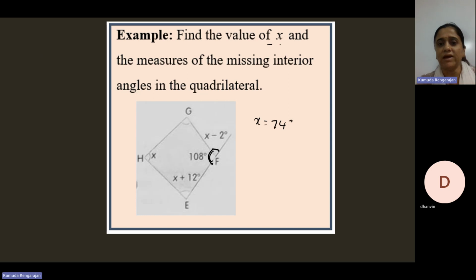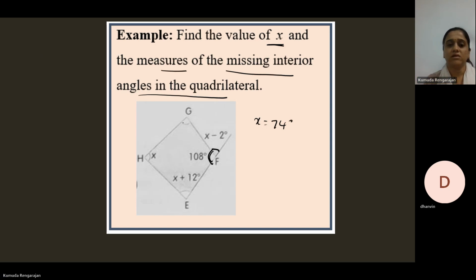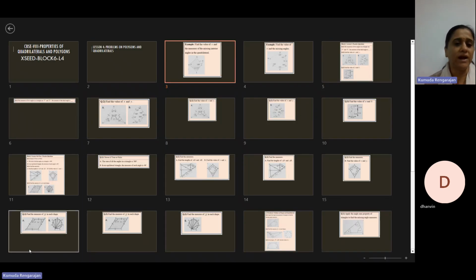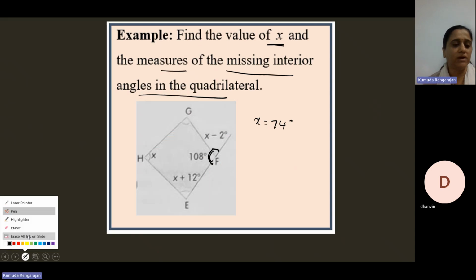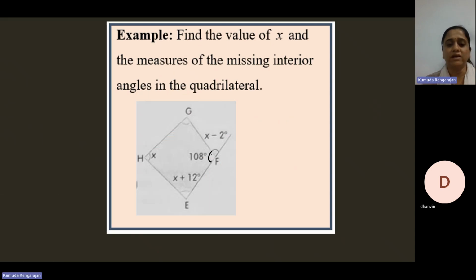The question is to find the value of x and the measures of the missing interior angles in the quadrilateral. In the quadrilateral, you know only one angle, 108 degrees.